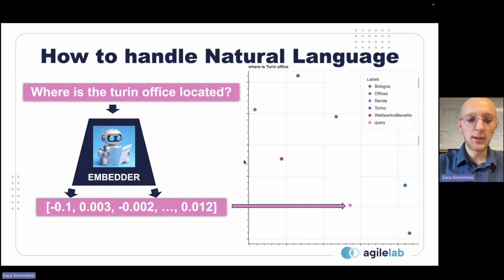I embed it and obtain an embedding. Then I use a dimensionality reduction algorithm to compress the embedding vector into a 2D vector. Then I plot the 2D vector, where every dimension is a coordinate.